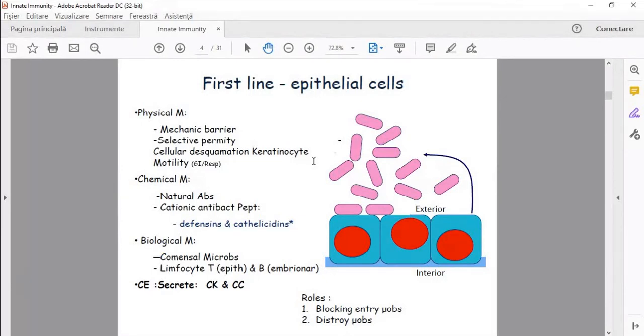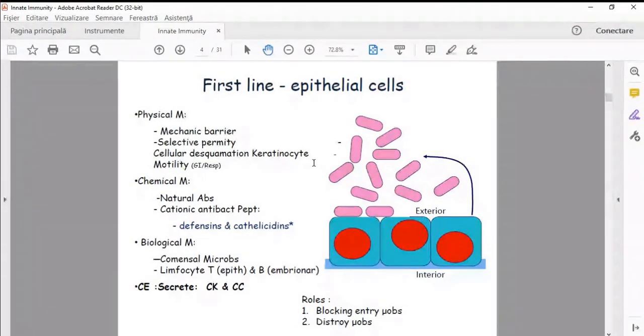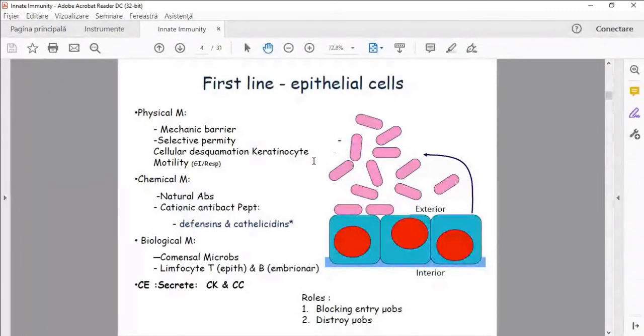Commensal microbes represent actually 95% of all cells of a human body. So we are made of microbes, after all. The role of these commensal species is to defend their territory, and in this manner defend our barriers. And also some of them have specific roles in some locations.